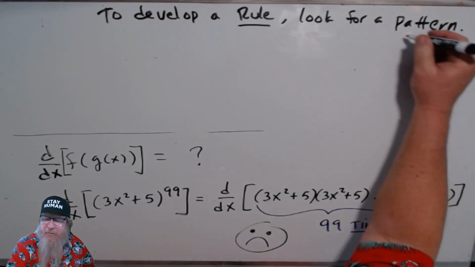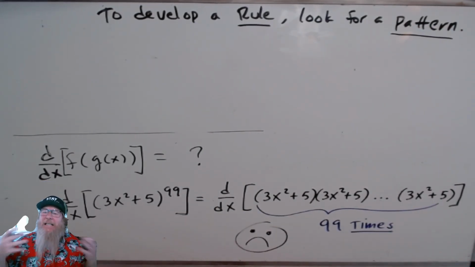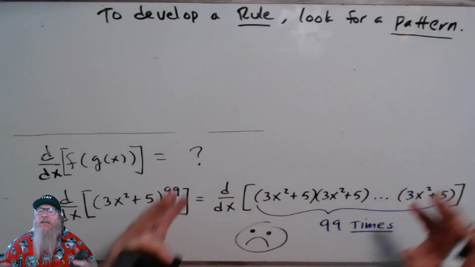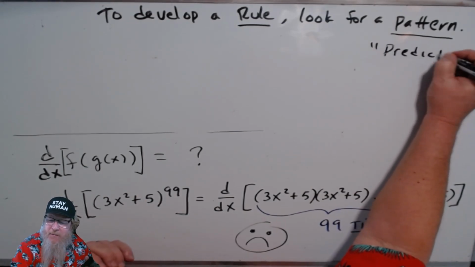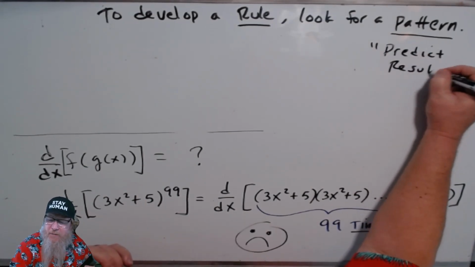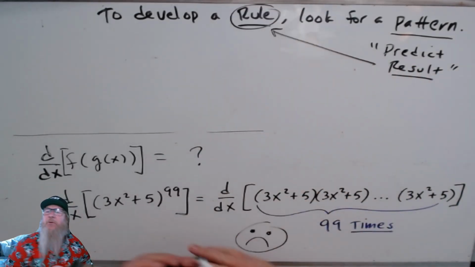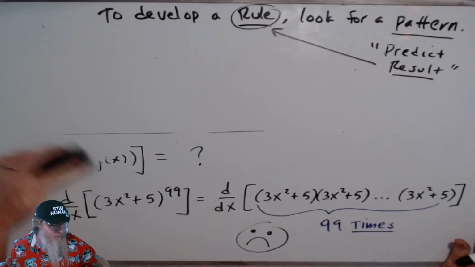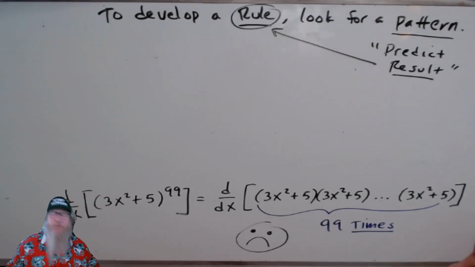And in order to define a process, we need to have a pattern. We need to be able to recognize that when this happens, we can predict. That's what patterns help us do. Predict the result. If we can predict the result, then we can develop a rule. All right? And so that's how we do it in mathematics. We don't just say, oh, this is a rule, just because we like making rules.